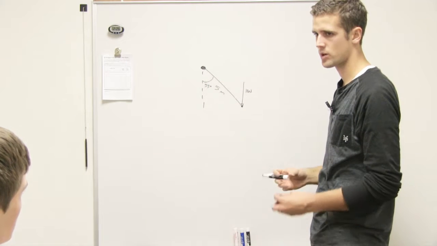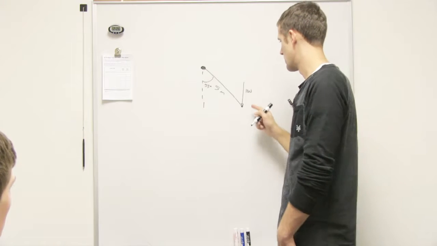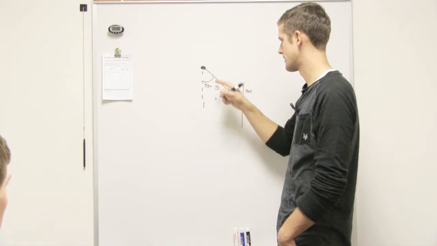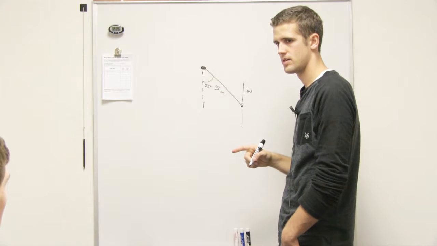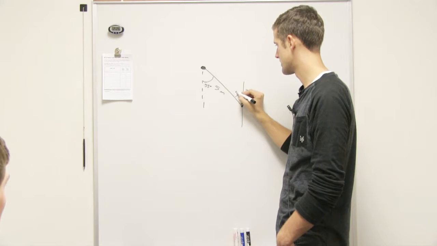You want to find out how much torque is being applied. So you wouldn't necessarily know, you just know that this was vertical and this was 55 degrees from the vertical. Then you'd have to find out that this angle is 55 degrees.